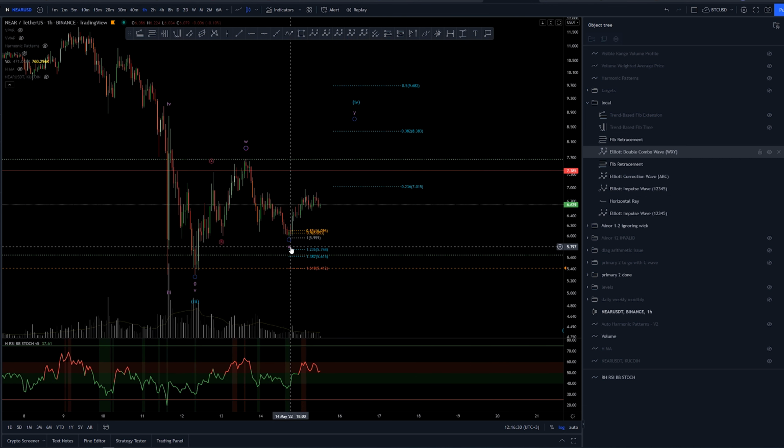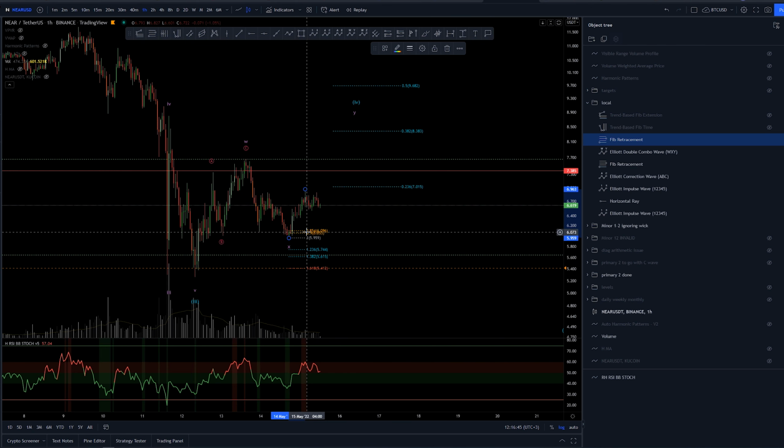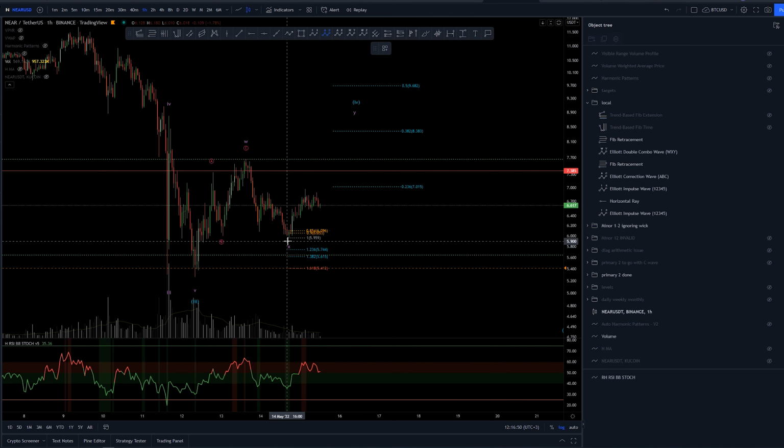The invalidation basically for this second structure here would be, oh sorry, the last leg here for the Y wave would be around $5.42. Just because this currently, again, if we are saying this is actually the A wave here, we can't get the B wave below here.